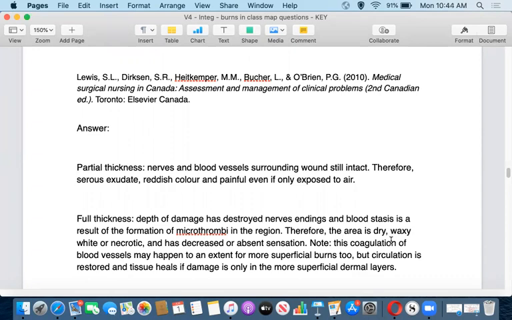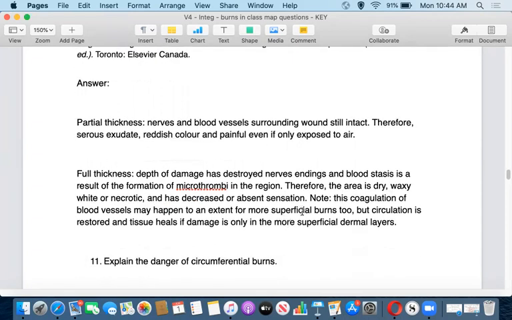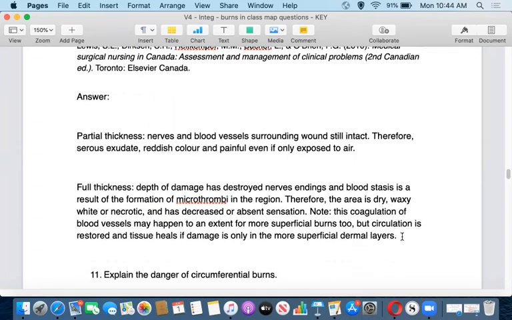Your sensation here is going to be decreased or absent, and healing is slow. Skin grafts are typically necessary, and the risks of infection and its complications are quite high.